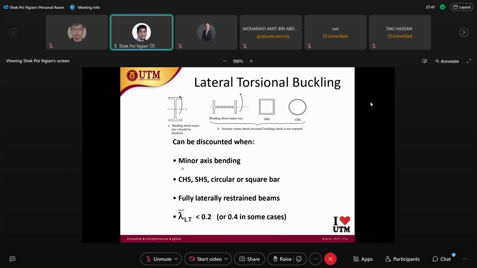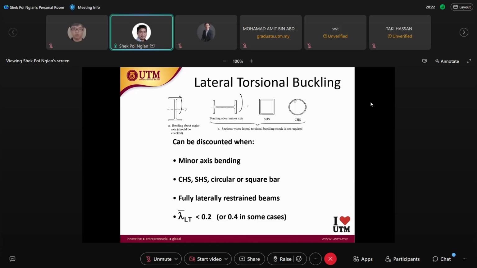The first case is when your beam is subjected to minor axis bending, like in this picture. When you arrange your beam like this, it is bending about the minor axis, and you don't have to check for lateral torsional buckling. The second case is when you use CHS, SHS, circular or square bar.